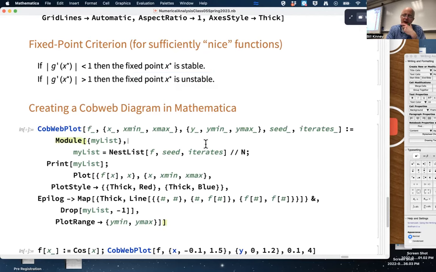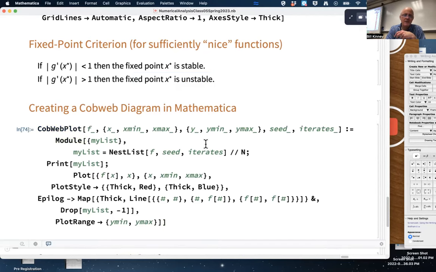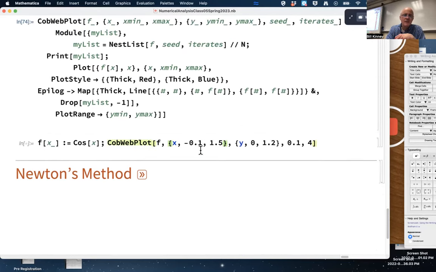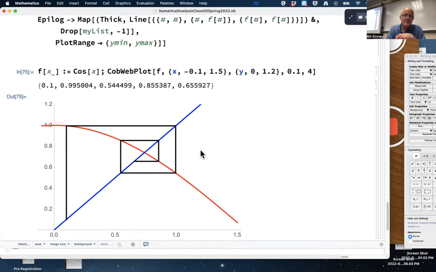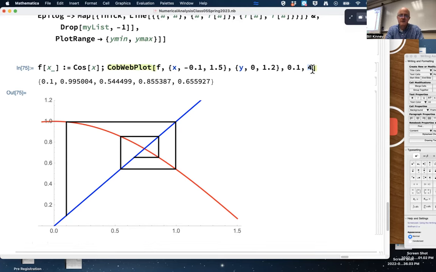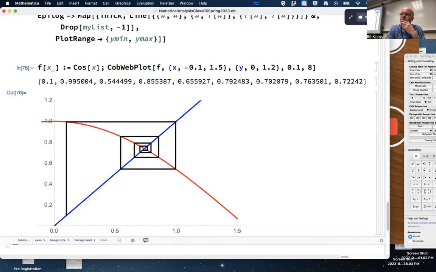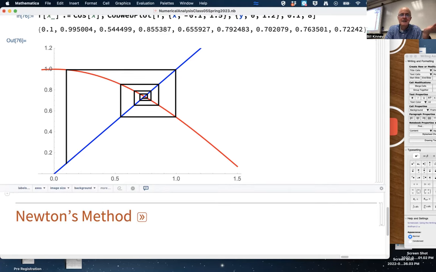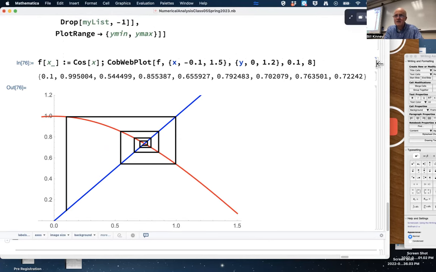And you can program Mathematica to do a cobweb diagram as well. Here's what a cobweb plot looks like when you iterate the cosine function for any number of iterates you want here. There you get spiraling toward that root or that fixed point that we saw last on Tuesday to be about 0.739. Can I apply it in our current situation?